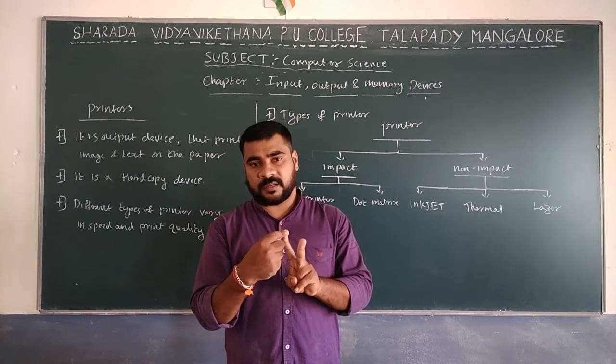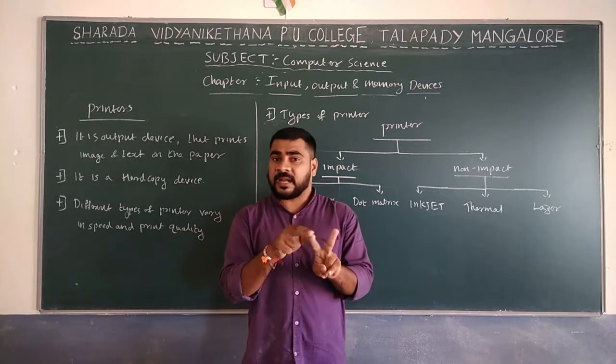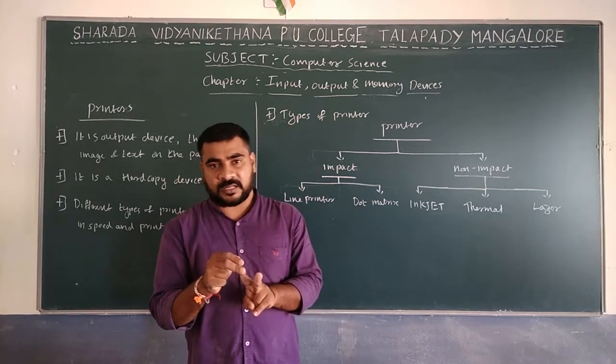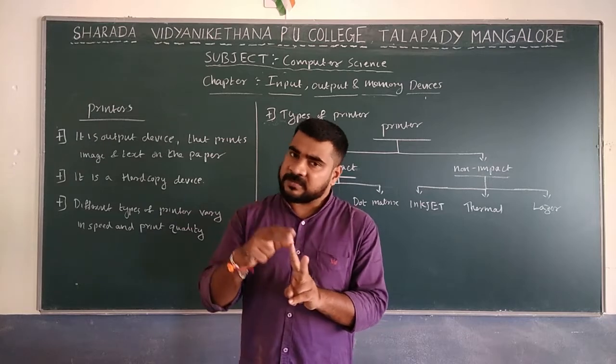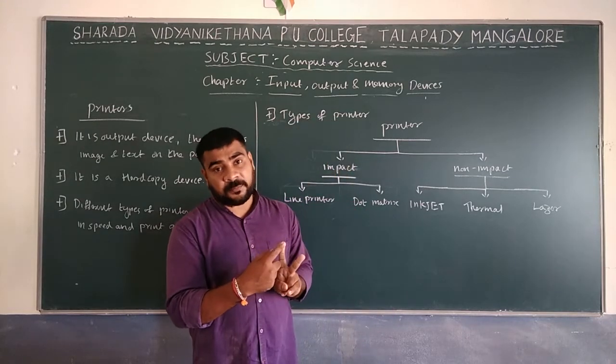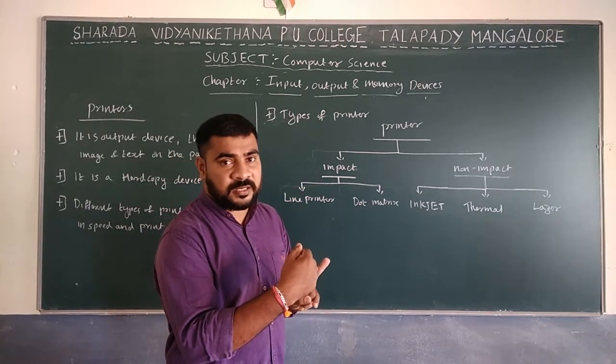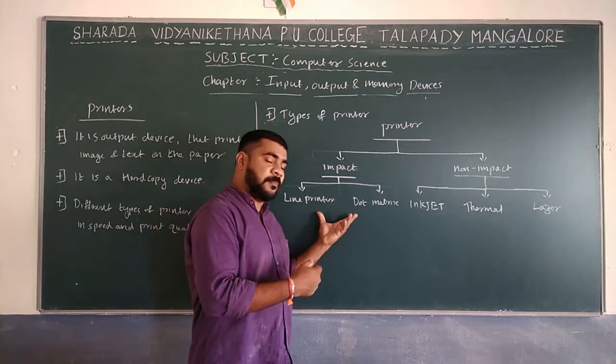What is an impact printer? Before that, I will explain the types first. There are different types of impact printers, but only two are given here: line printer and dot matrix. Line and dot matrix are examples of impact printers.